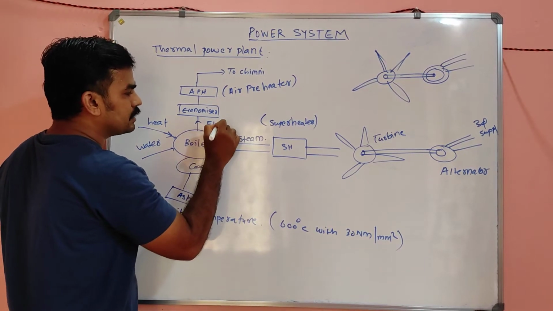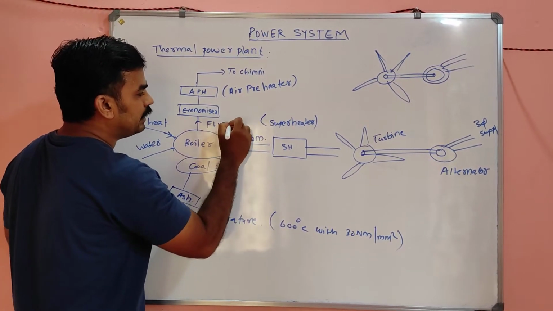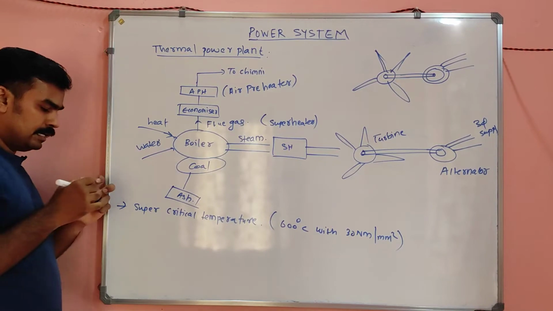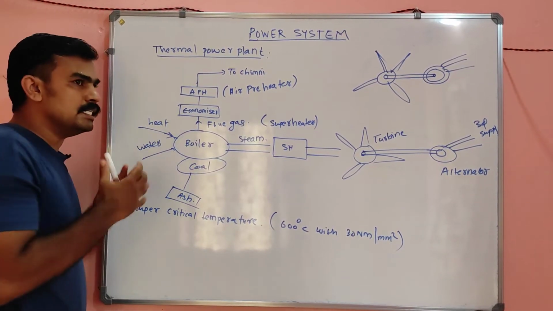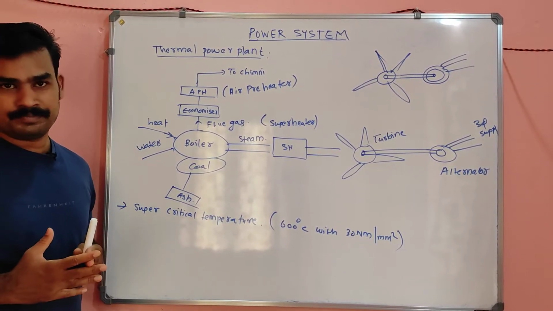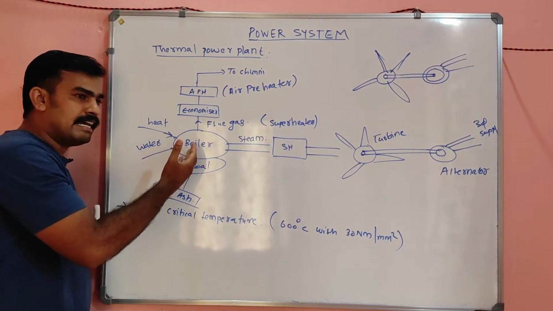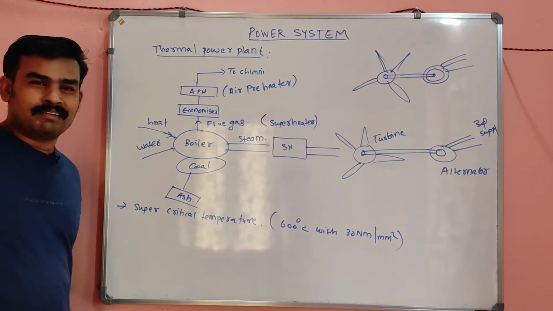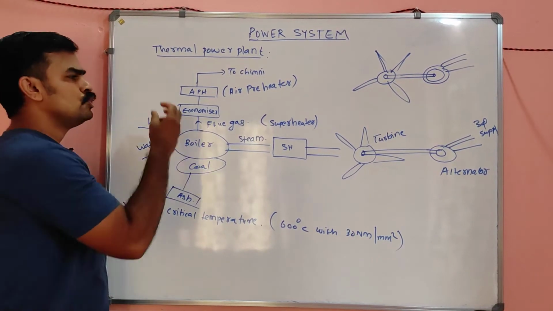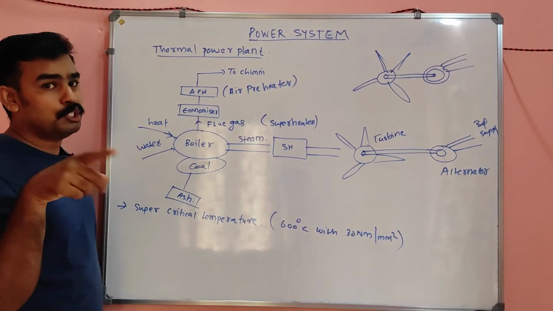This gas is called flue gas, my dear. The flue gas contains a lot of heat, because it comes directly from the boiler. So that heat you have to utilize, right?